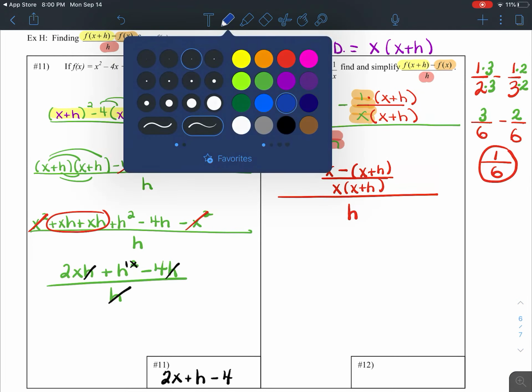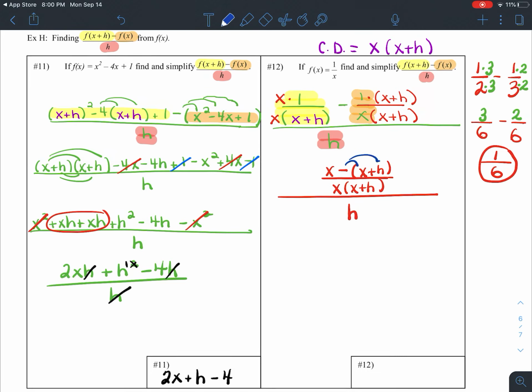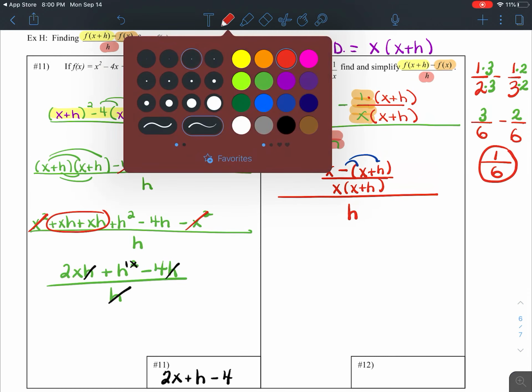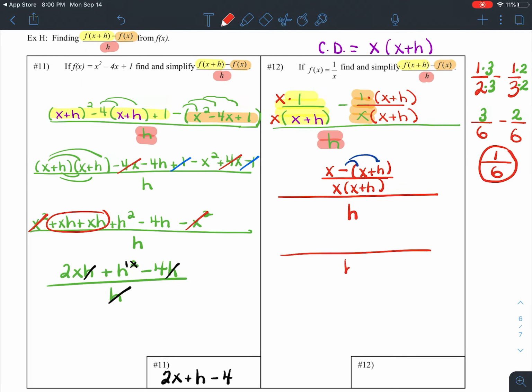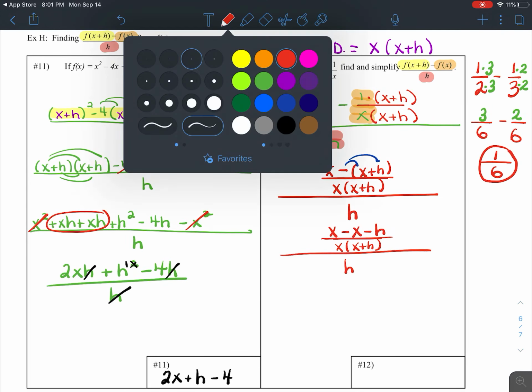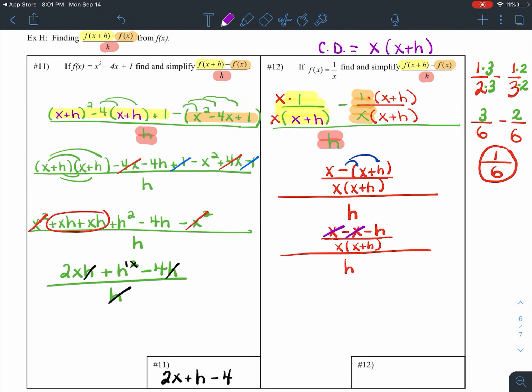I'm going to go across the top here and write x minus, and then this numerator is x plus h. I'm going to want to distribute that subtraction sign to the x and to the h here. If I distribute that subtraction sign, I'm going to have x minus x minus h, and that's going to cancel out those two x's.